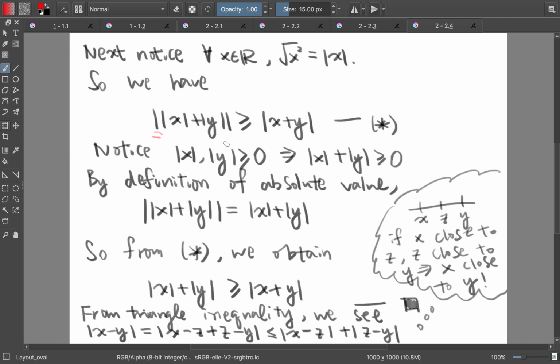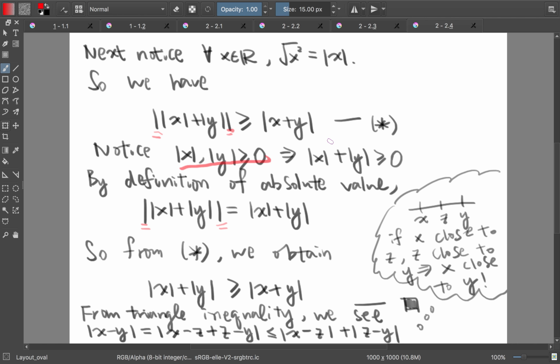In the triangle inequality, we do not have this outer absolute sign. But I'm going to tell you that this can be taken away. Why? Because the absolute value of x and the absolute value of y are both greater than or equal to 0. So when I sum them up, it is greater than or equal to 0 as well. So, by the definition of absolute value, the absolute value sign here can be taken away.